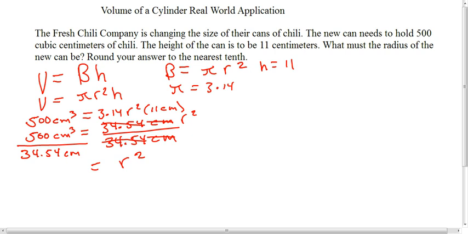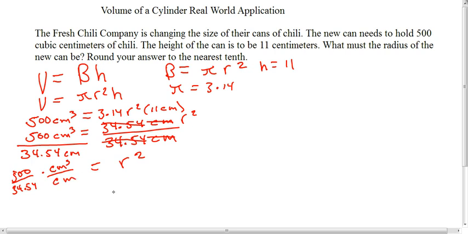So I'm going to divide 500 by 34.54, taking my coefficients, and I'm also dividing centimeters to the third by centimeters.